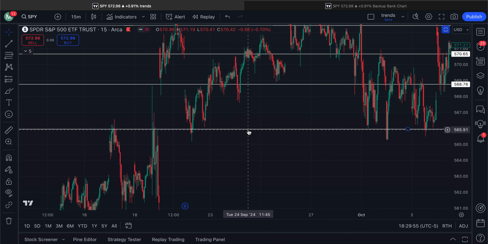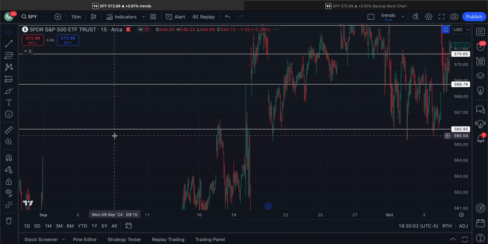I'm just trying to see where these candles went down to and open to, so I can put it with this candle over here.